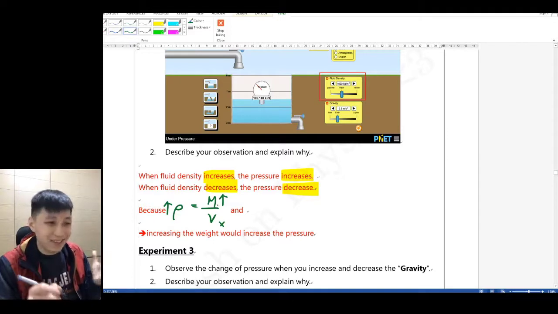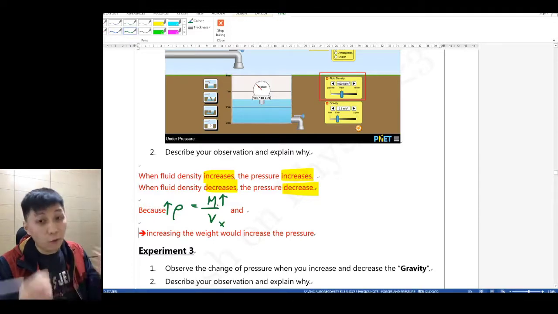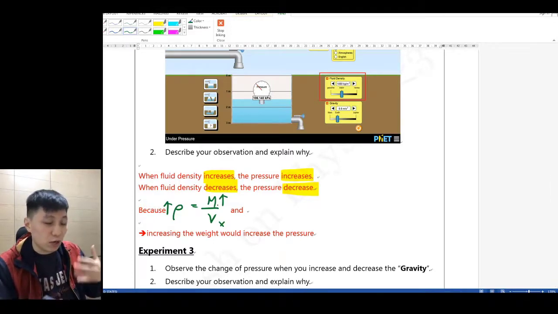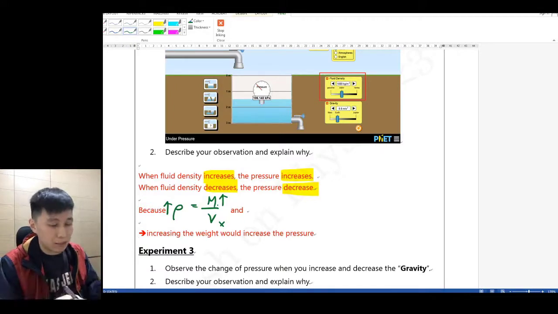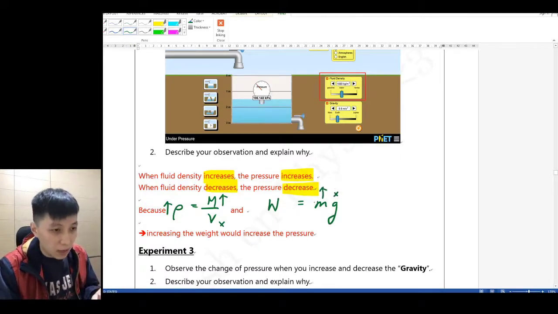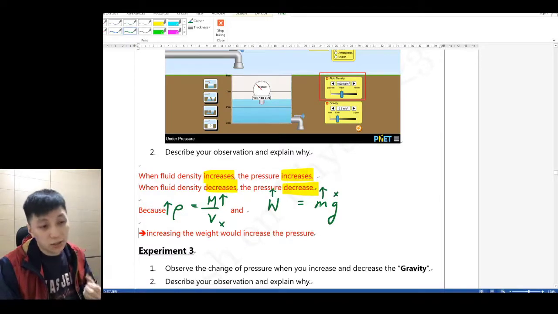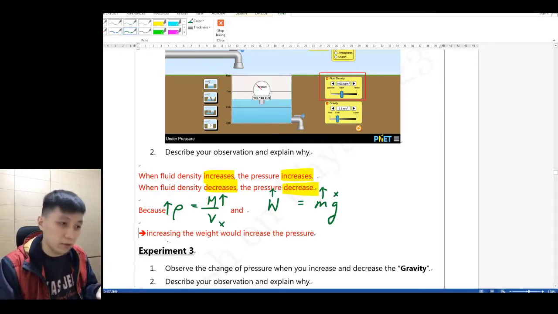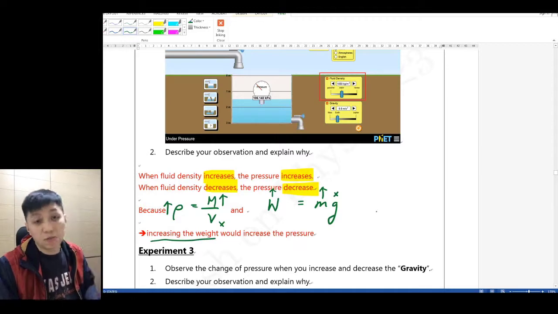However, that still doesn't link to the force, because we should talk about force, not mass, when we talk about pressure. And therefore you have to use one more equation, that is weight equals mg. Here, g doesn't change because it's the same planet, but if you increase the mass, then you increase the weight. And finally, increasing the weight would increase the pressure, similar to experiment 1.